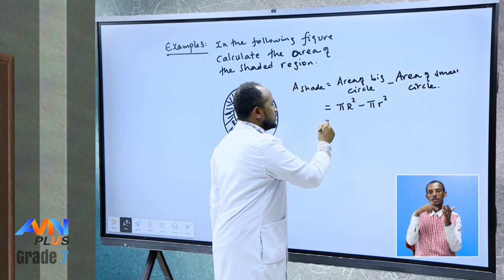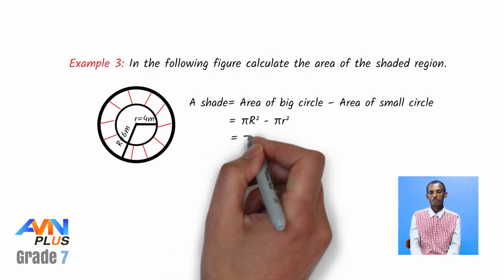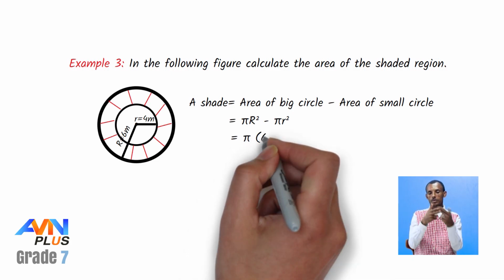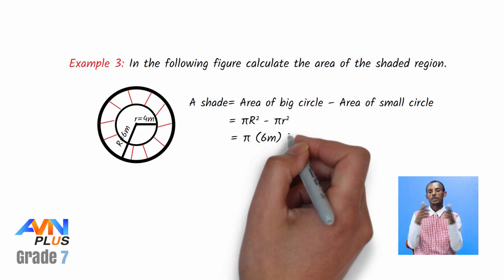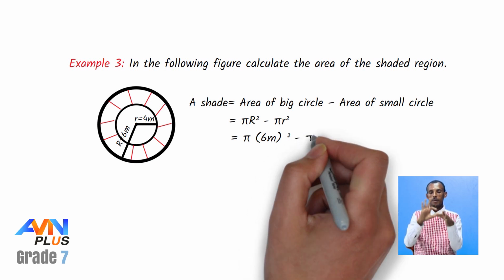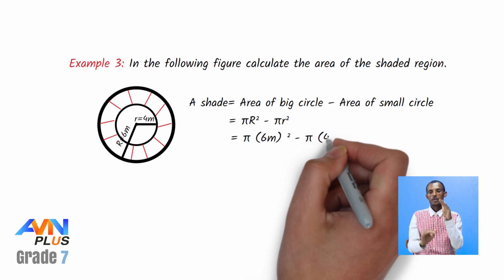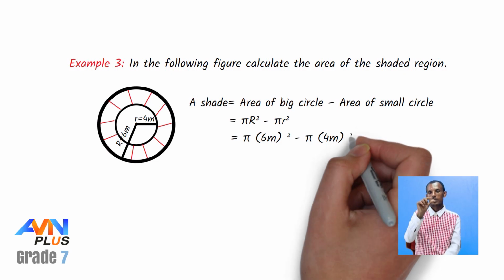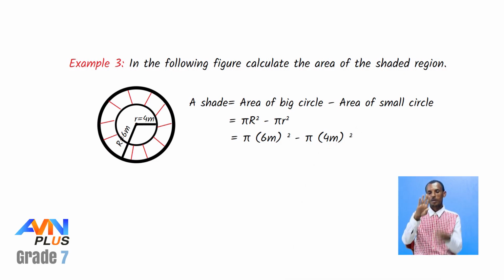Therefore, this will be equal to pi times the radius of the bigger circle, 6 meter, squared, minus pi times the radius of the smaller circle, 4 meter, squared.